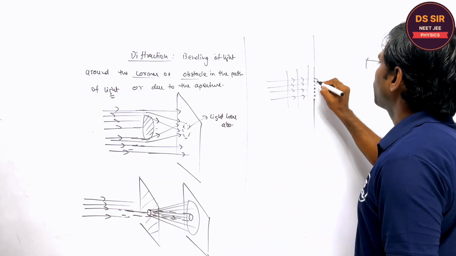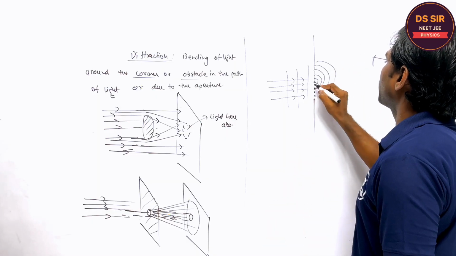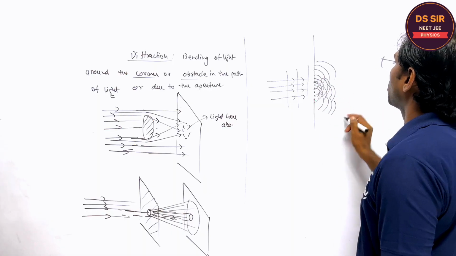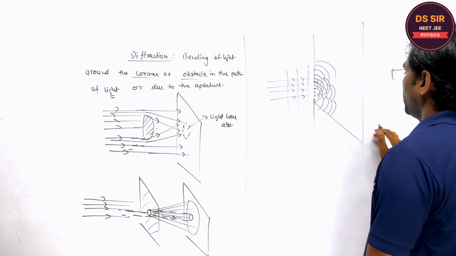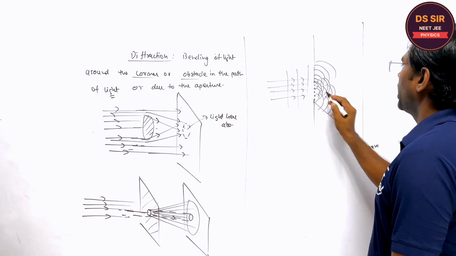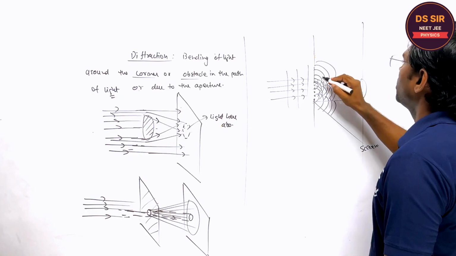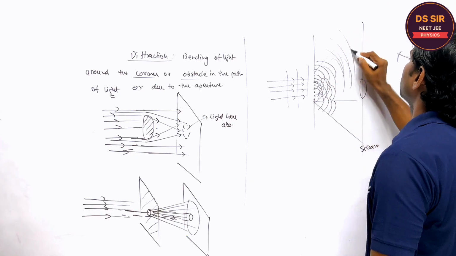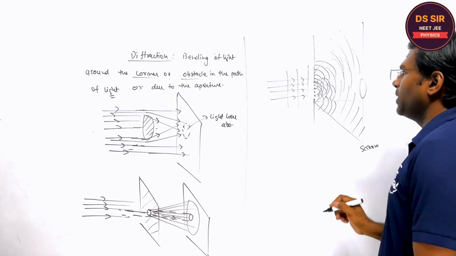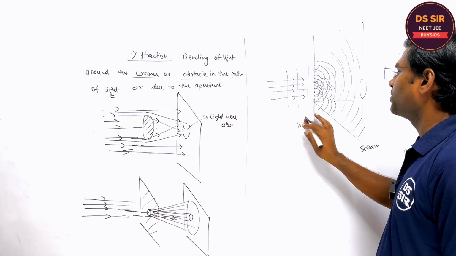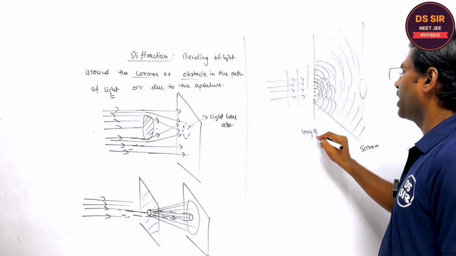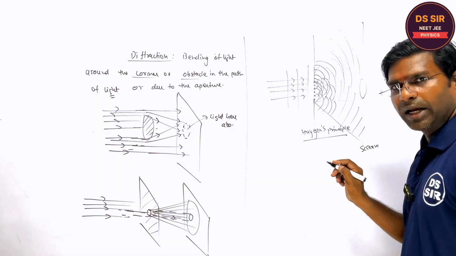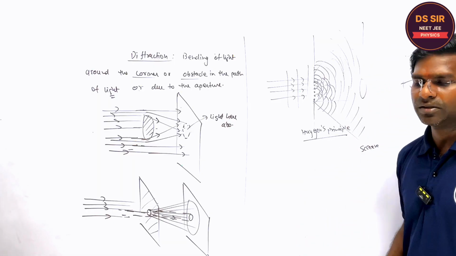So therefore, from here, the spherical wavefront emerges out in each direction. Are you getting or not? So therefore, when you see the screen over here, the light is not only found in this region, the light is found everywhere. Do you understand or not, Sanjay? So this is explained on the basis of the Huygens principle. H-U-Y-G-E-N-S, Huygens principle. Is it clear or not, you tell? Right? So this phenomenon is called the diffraction.